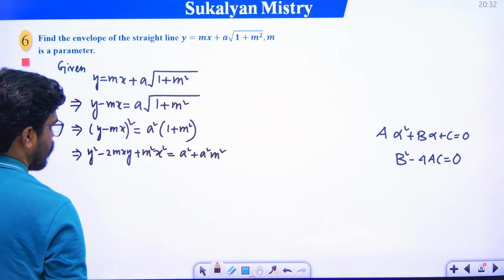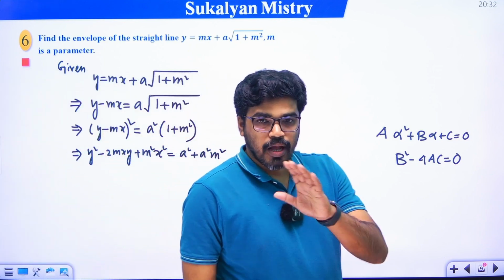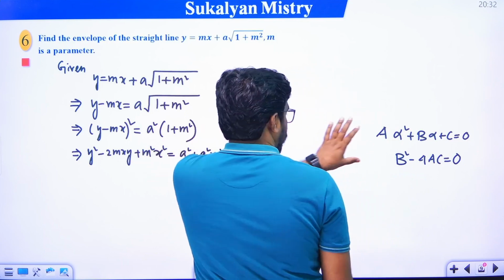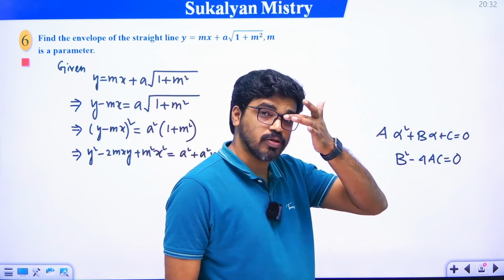M is a parameter, right? So we have to convert this equation in this form, a alpha square plus b alpha plus c, that is am square plus bm plus c is equal to 0.